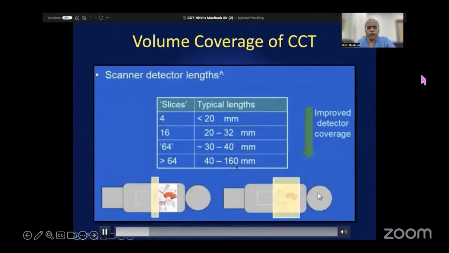When you use the highest detector row of the 320 scanner, just one gantry rotation covers the entire cardiac volume. So truly, in one cardiac cycle, you can acquire the entire data set for the entire heart.